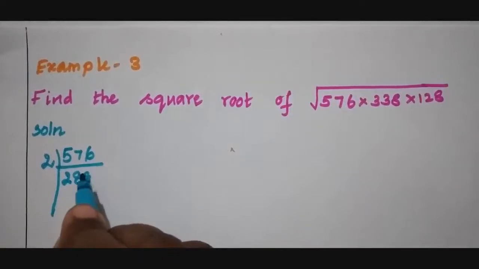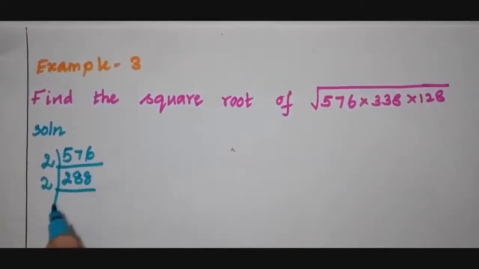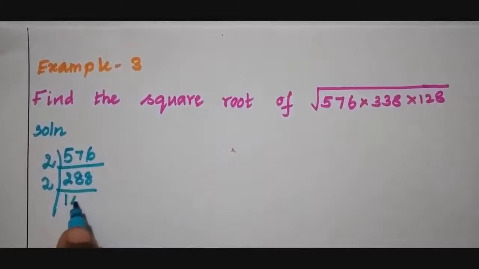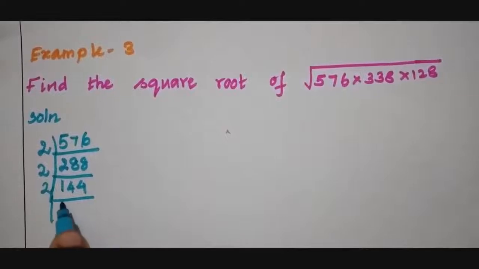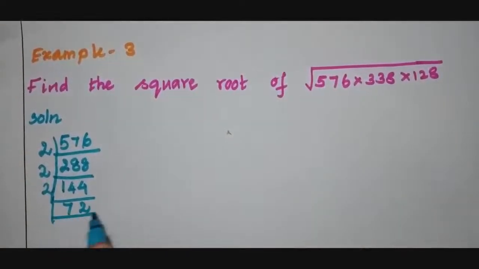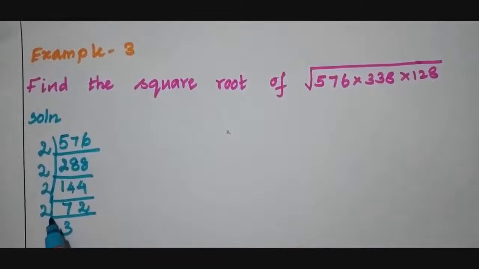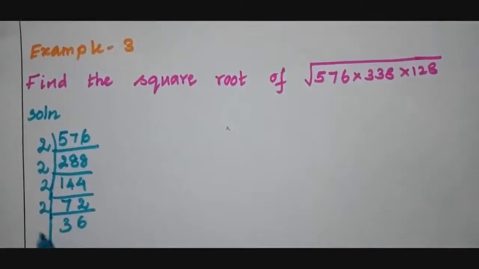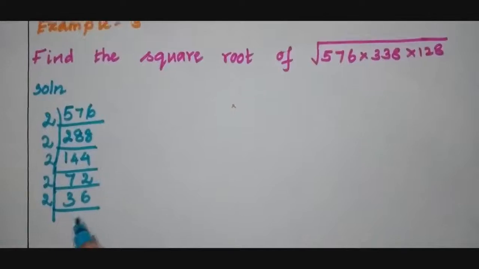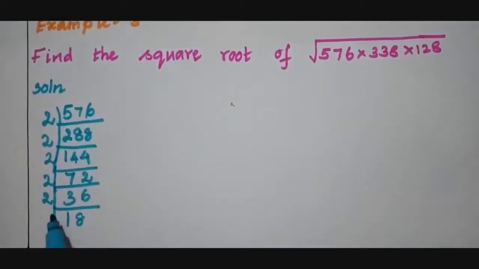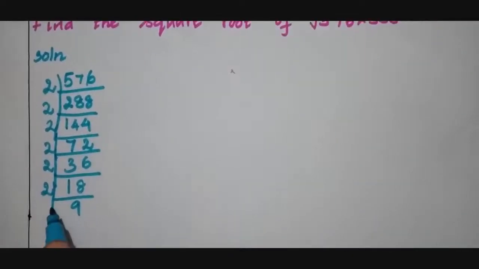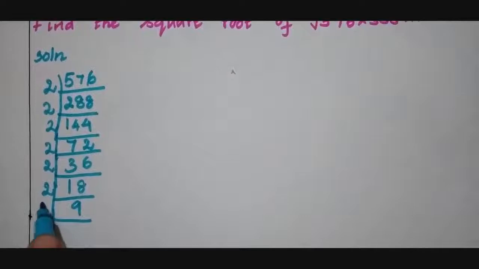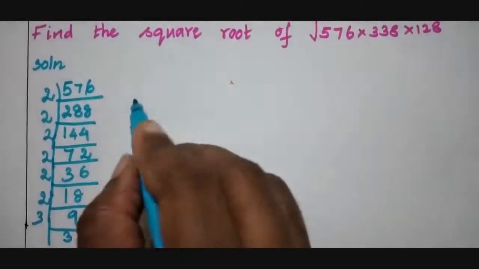Remaining 1. 4 2s are 8. 7 2s are 14. 2 2s are 4. 3 2s are 6. 6 2s are 12. 18 2s are 36. 9 2s are 18. 3 3s are 9. So we reach the prime number here. So we can stop it here itself.